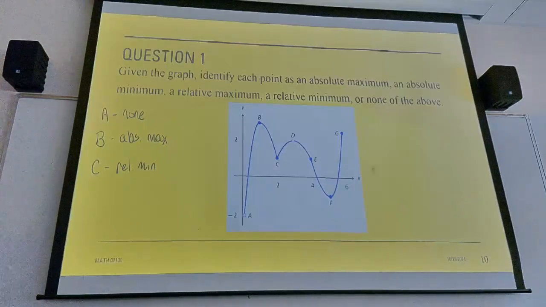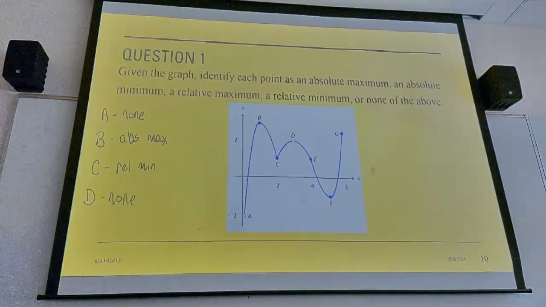It's a vertical tangent line. What about the point D? That's going to be both. Why? It's undefined. What about E?